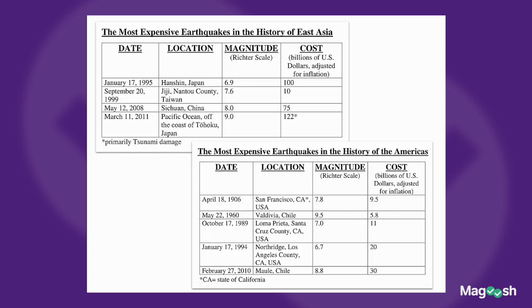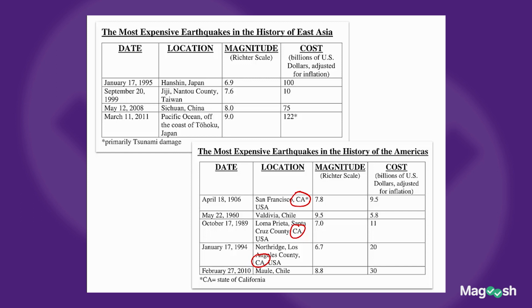A few things stand out, right? If we look closely, as we noted just a moment ago, with the earthquakes in the Americas, most of them happened in California. That certainly seems like a pattern, in the table we're looking at the bottom here, and that would be something we would want to pull out for sure.